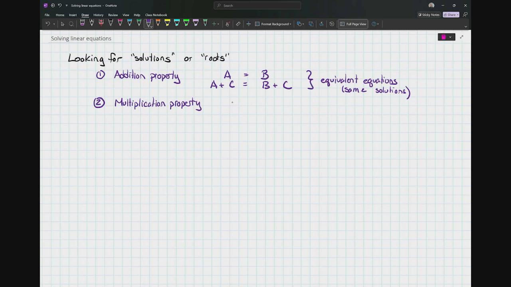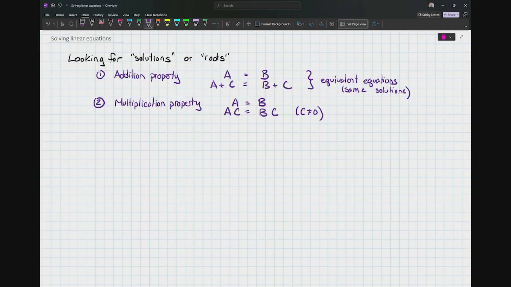Once again, if we start off with a general equation, where we've got two expressions, one expression is A and one expression is B, with an equal sign in the middle, then we can always multiply both sides of that equation by some non-zero value. It's important here that when I'm multiplying by C, C is not equal to 0.